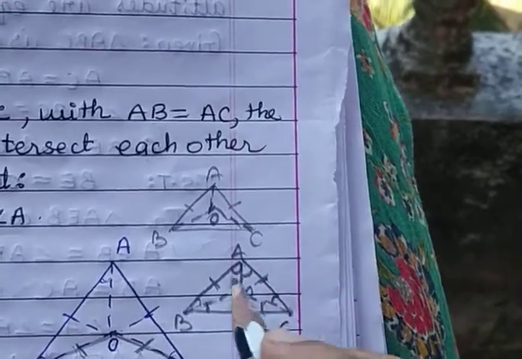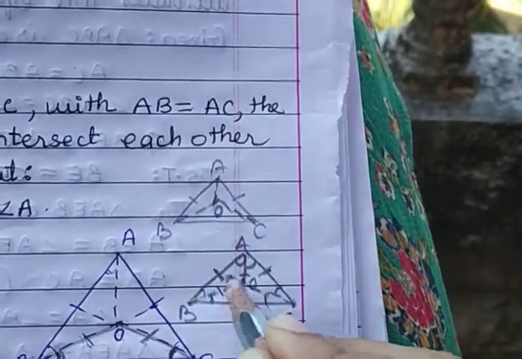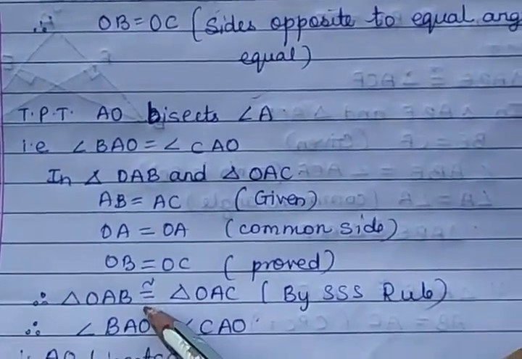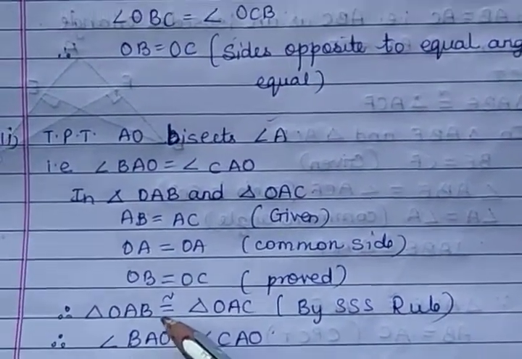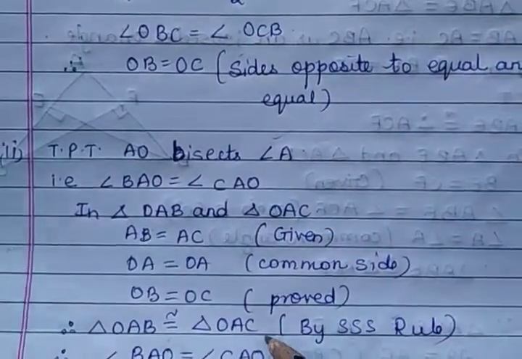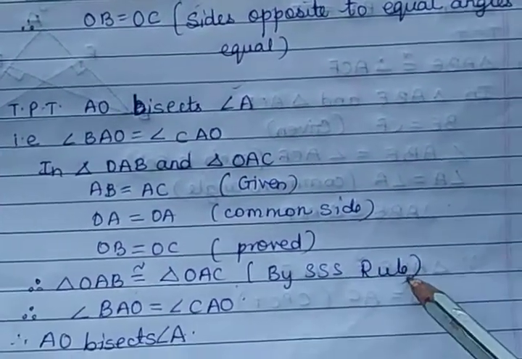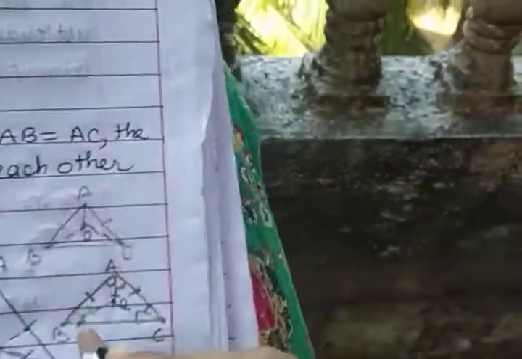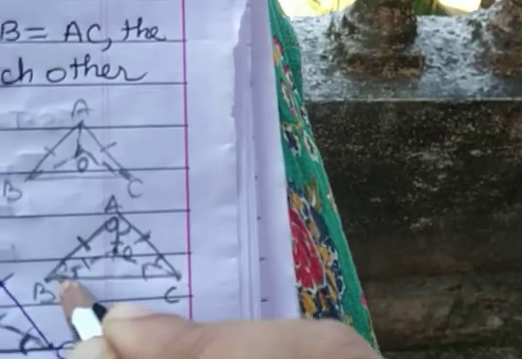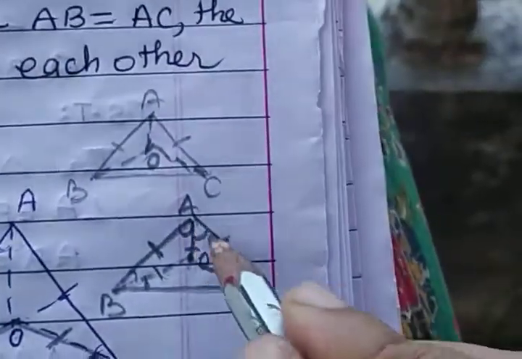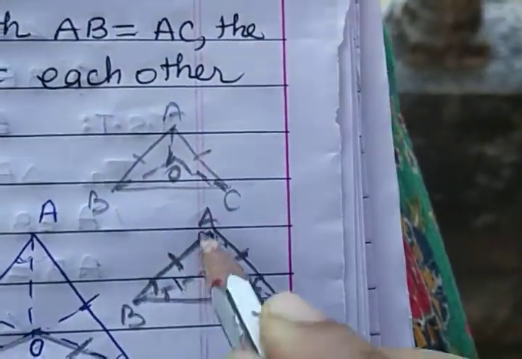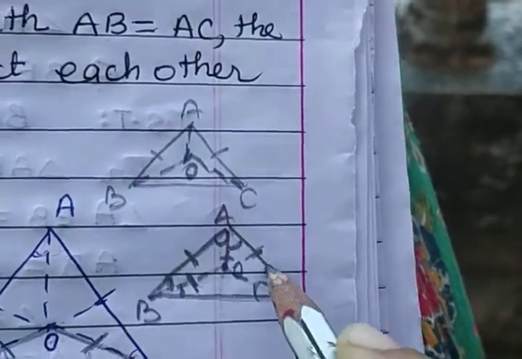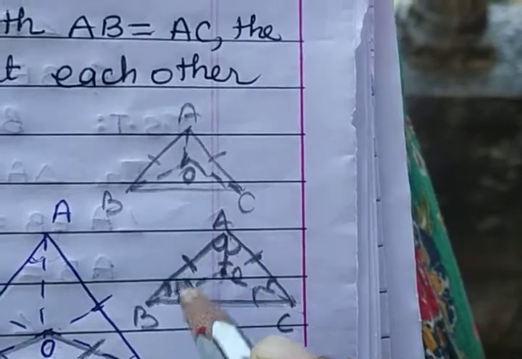So here we have got three sides equal. So I can say triangle OAB is congruent to triangle OAC by SSS rule. Or, another thing is, you know that this angle is equal to this angle, so half of this angle will be equal to this angle. So also I can say these two triangles are congruent by SAS rule.